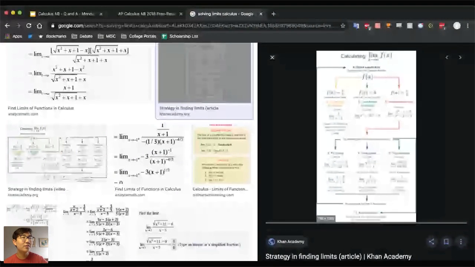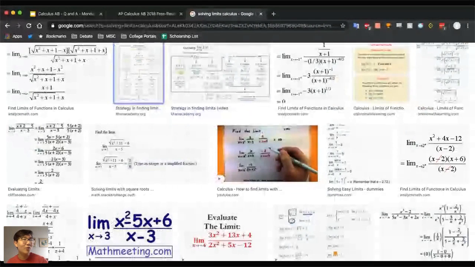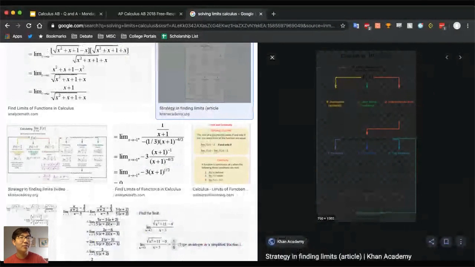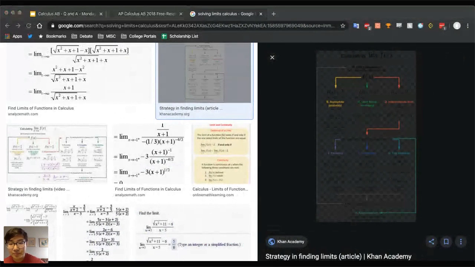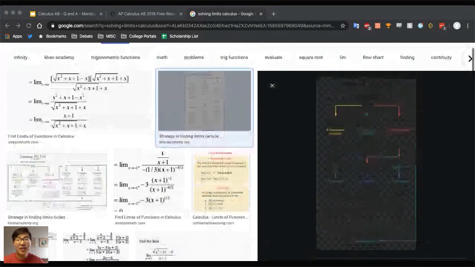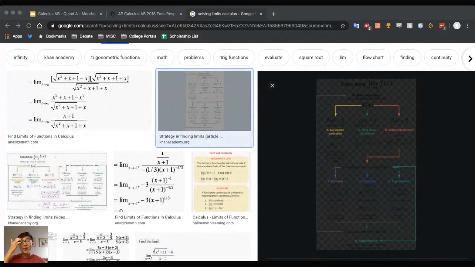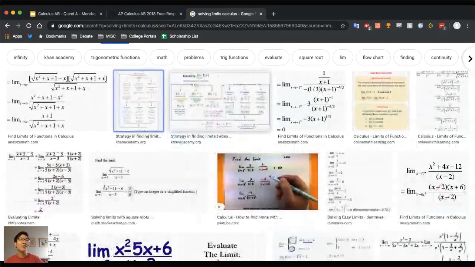If it loads, I'm going to link y'all to this Khan Academy article because it's a great resource. There's a flow chart of ways. That is not what I wanted to link y'all. And I think we might have a guide that's going to get uploaded on Fiveable very soon with a guide to limits, and they'll be able to explain it in a much more effective and efficient manner.